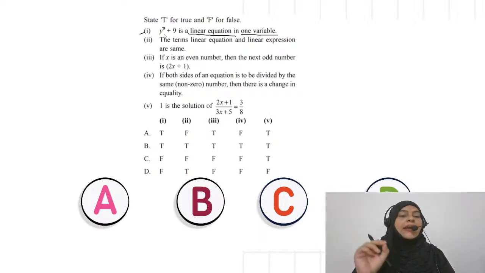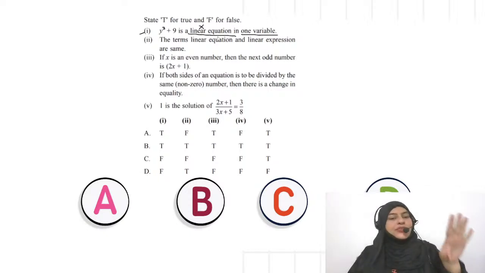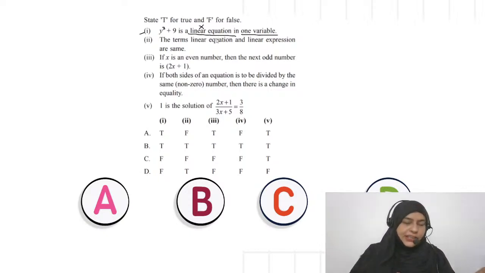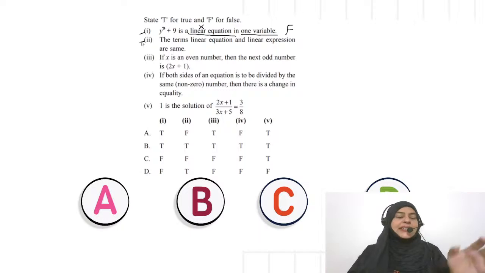Always remember that whenever we have degree 1, only then it will be a linear equation. So it is not a linear equation, although it has only one variable. So this option is false. Correct? Now let's discuss the second one.